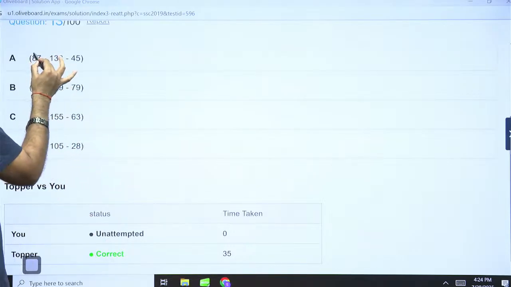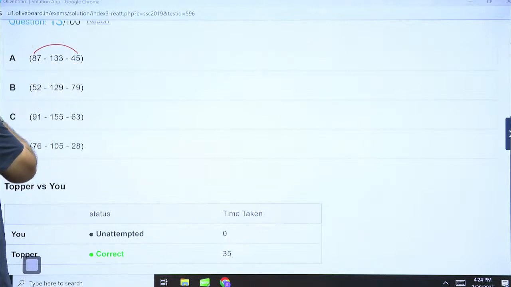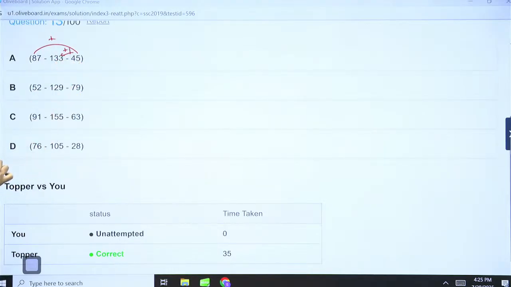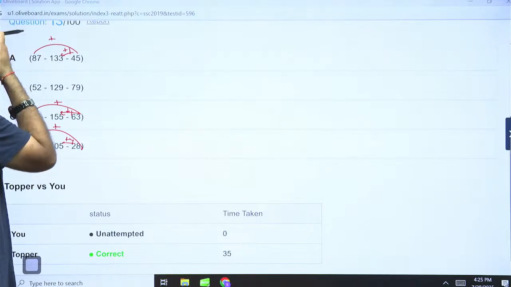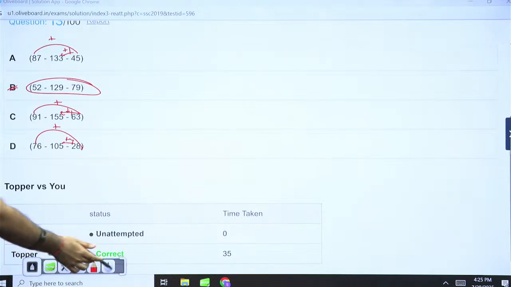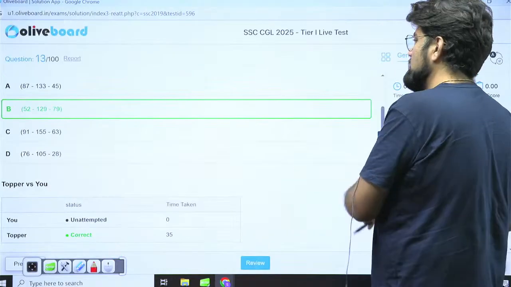If you proceed to add the smaller numbers, this is 120 and 12. 132 plus 1. So add and add 1. Okay. This is 154 plus 1. This is 104 plus 1. This is definitely not following. This is 120, 131 already, no? Yeah. This is incorrect. Option B is the right answer. 35 seconds, not bad. Anything around 30 seconds is fine. And if the question is too simple, then it should be below 20 seconds.